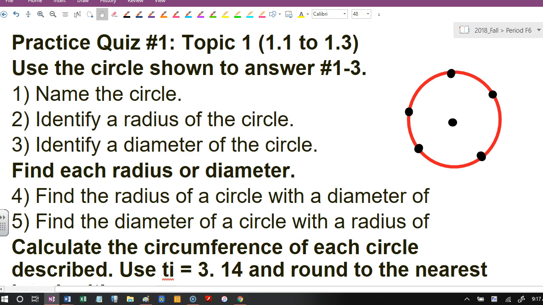So we need to know how to name the circle. Let's call this B. What is the circle? Circle B. Write it on your paper. Identify a radius of the circle. Let's make this E. So a radius of the circle is BE.